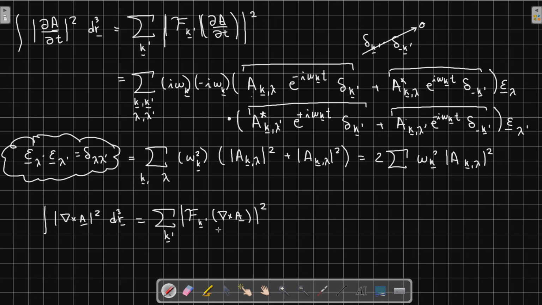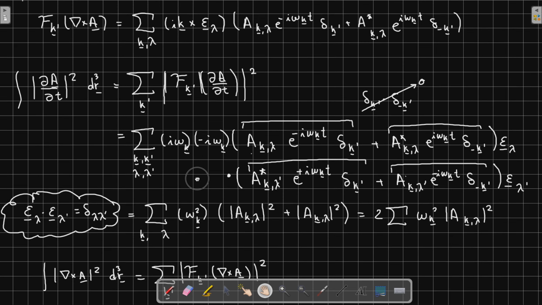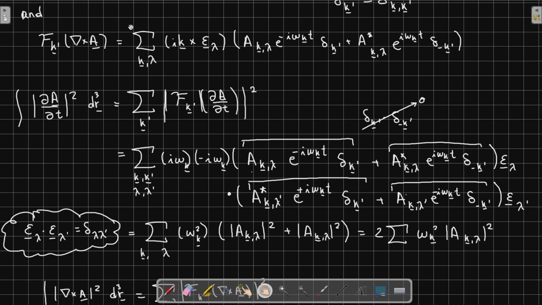Now again, this will be a vector quantity, so we'll have to take the dot product of the Fourier transform and its complex conjugate. So I will have to take this term right here.